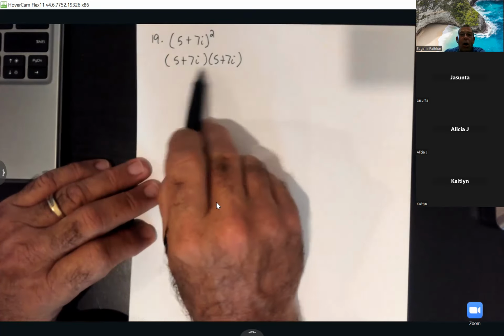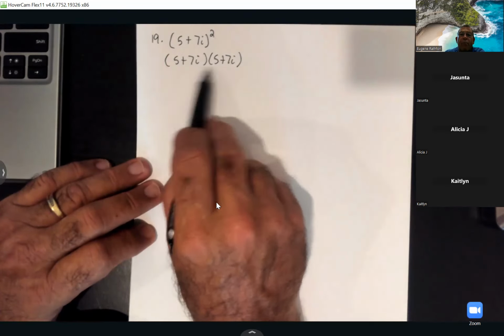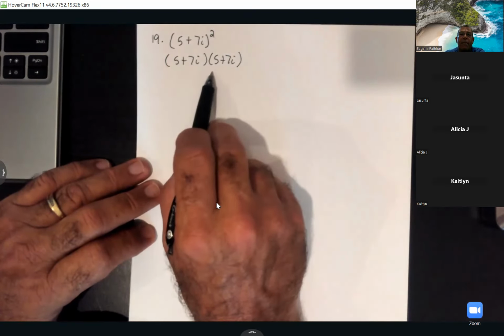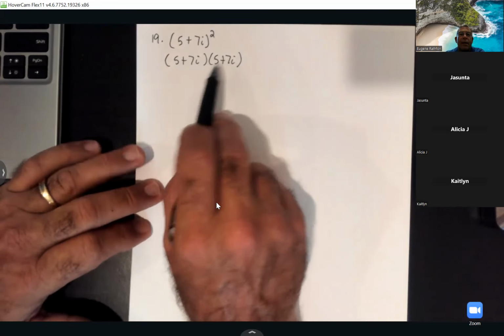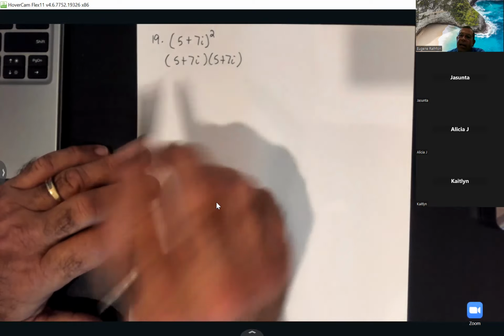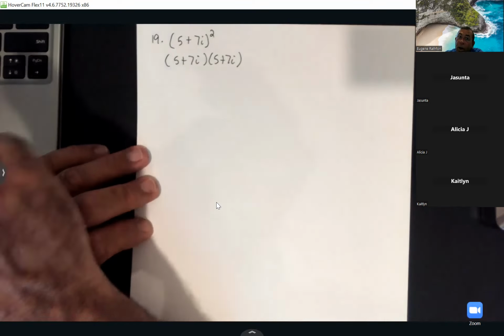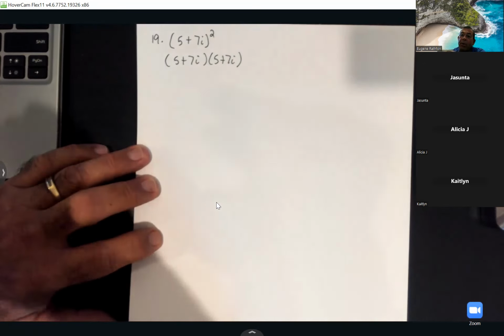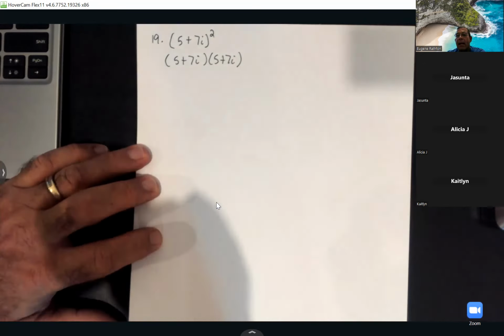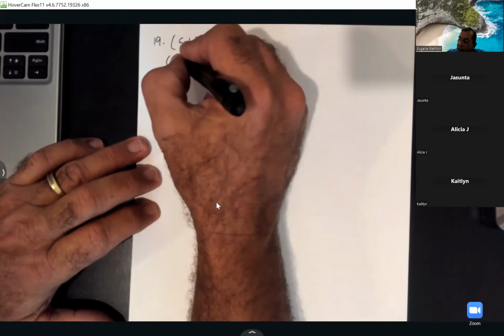Now remember, these are not conjugate pairs because they're both positive, okay? Conjugate pairs have to have one being added and one being subtracted. So these are not going to cancel out and give me a single real number, okay? But they will give me a complex number, which will have a real part and an imaginary part. So this one we're going to foil all the way out.